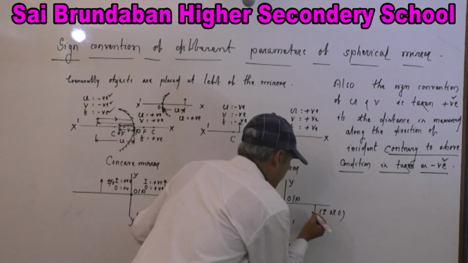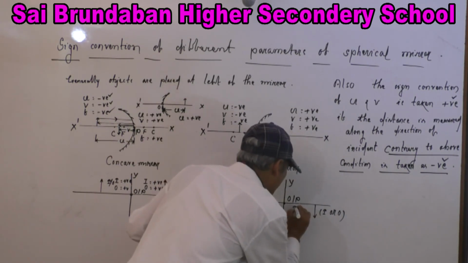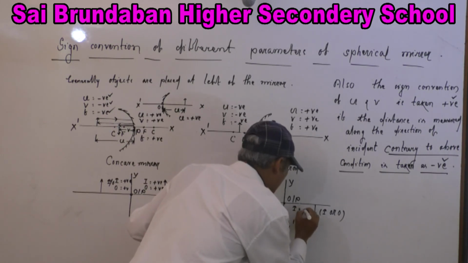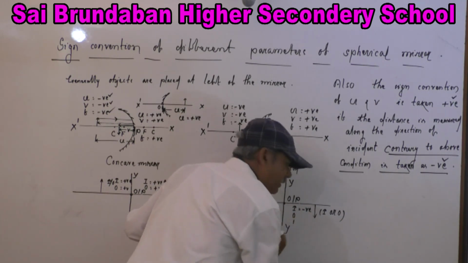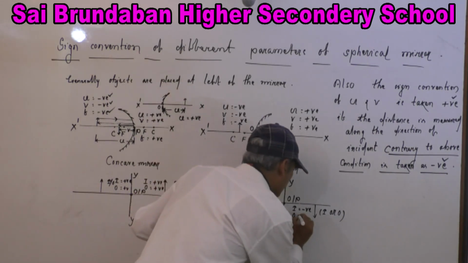On this side, the same thing: I is taken as negative, and O means object length, I means image length, also taken as negative.